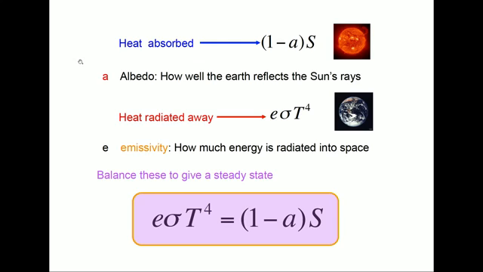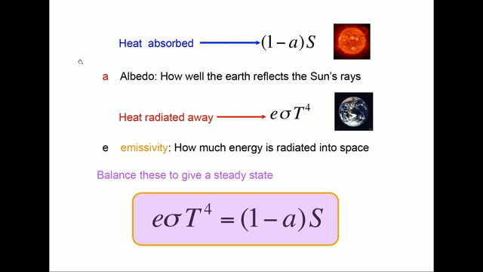So the amount reflected by the Earth is called the albedo, A, and the amount we absorb is 1 minus the albedo times S. The current albedo is about 0.3. So we absorb 70% of the energy that comes in from the sun.